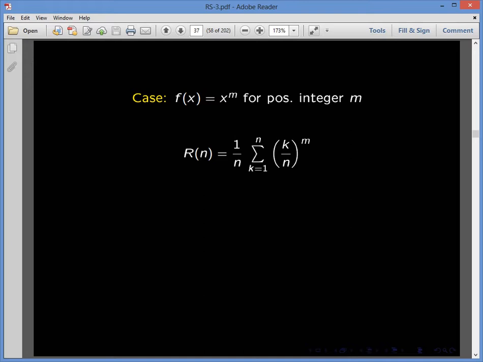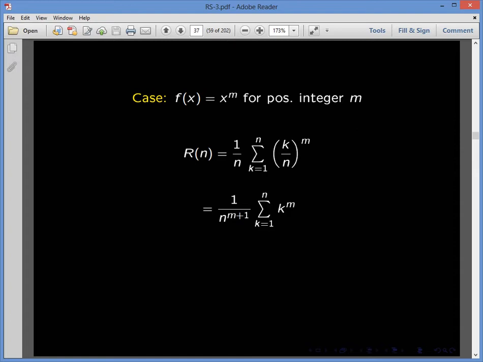So instead of x, now we plug in k over n, that's xk. And n has no k in it, so n to the m can go outside. That's why we have 1 over n to the m plus 1. And the rest of the part is the sum of the mth powers up to n to the m.